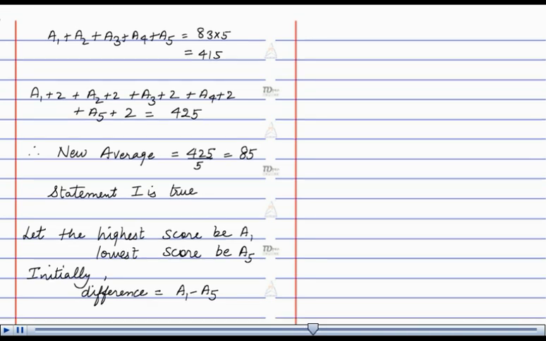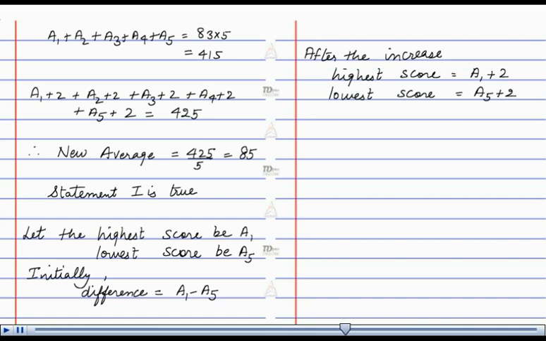When the teacher decides to increase the marks, the highest score is A1 plus 2 and the lowest score is A5 plus 2. Hence, the difference between them now is A1 plus 2 minus A5 plus 2, which is equal to A1 minus A5. Hence, the difference does not change. Therefore, statement 2 is false.